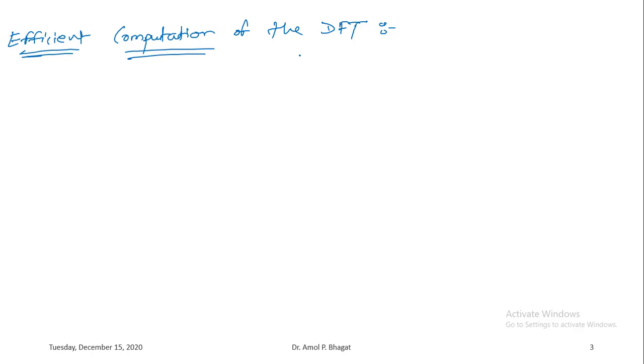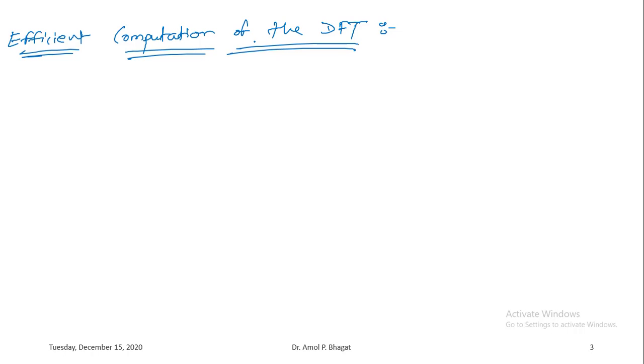So today we'll be discussing this efficient computation of the discrete Fourier transform. Why is it required that DFT should be computed efficiently, without wasting many resources of your computational devices?